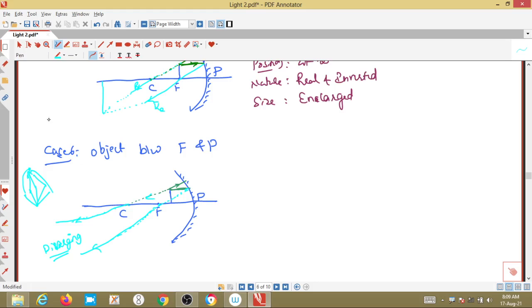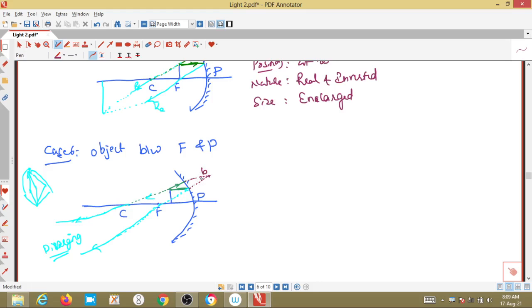Now we have to trace out the image formation. What we will do is extend these lines which are incident here. If you extend these lines, somewhere here these two points meet. This is the place where the image has formed.